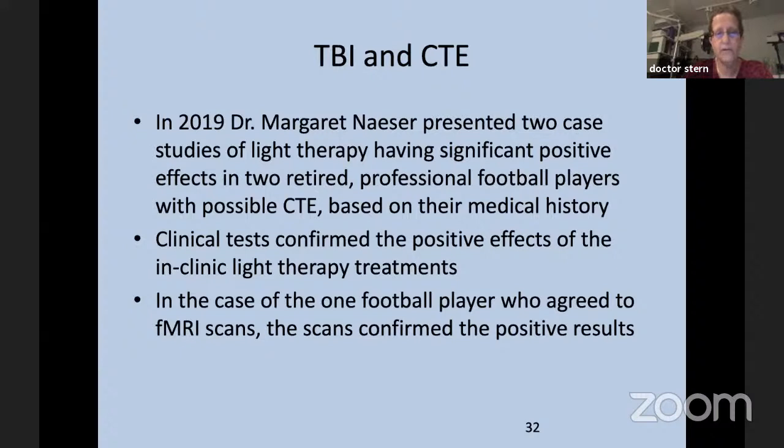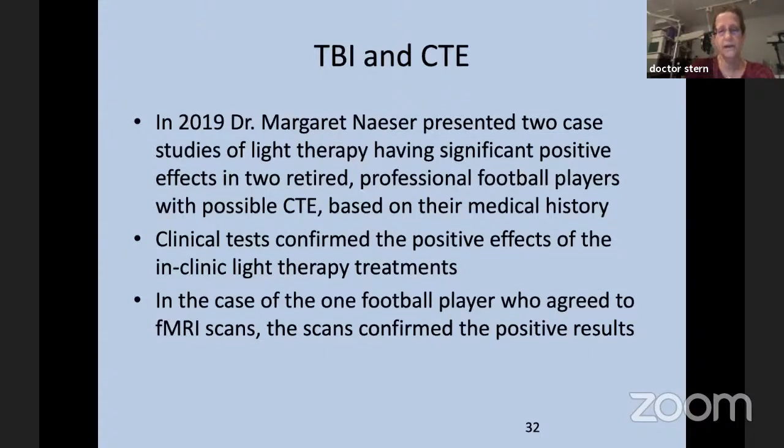So Margaret Nasser is someone who's been known here for many years. She originally talked about using red light on acupressure points on the wrist for the type of issue that people have with repetitive injury, so that when they're on the computers a lot and they have wrist problems because of doing that task repetitively, that was helpful.